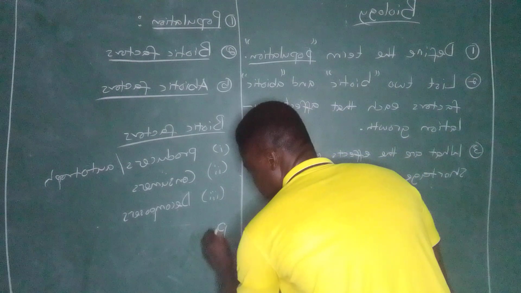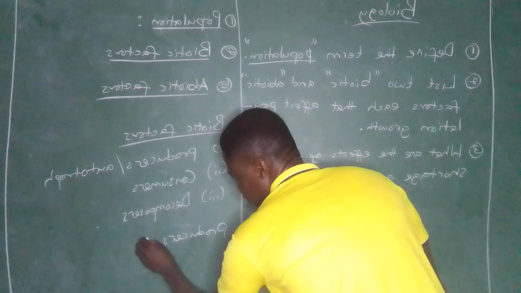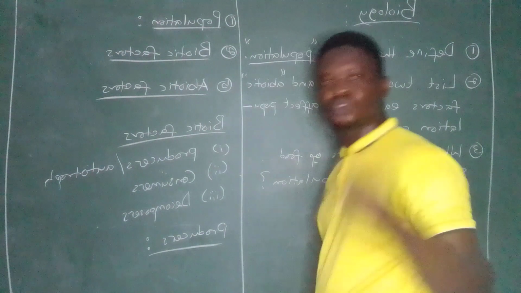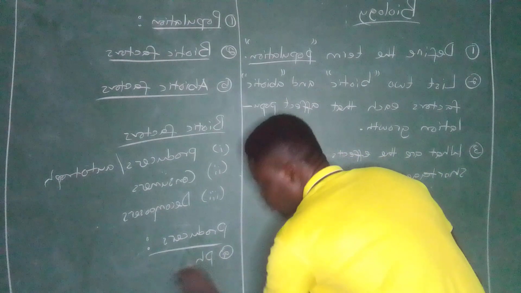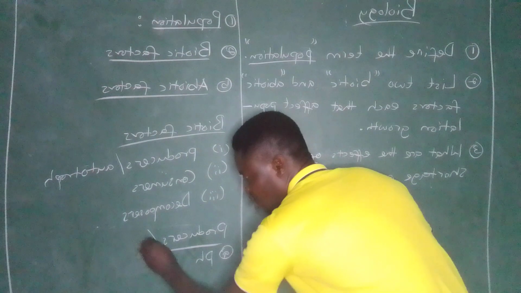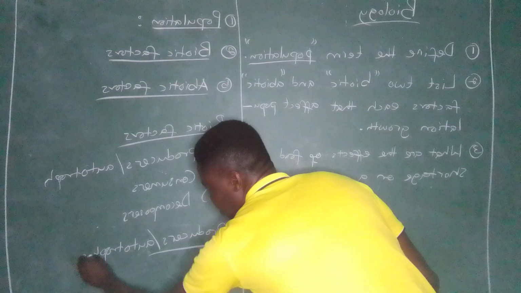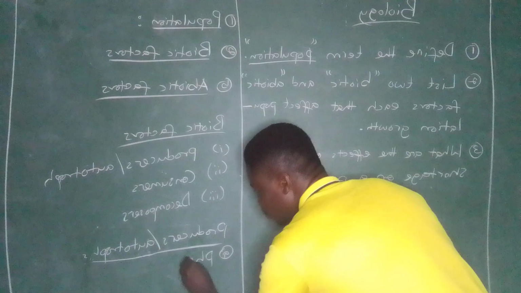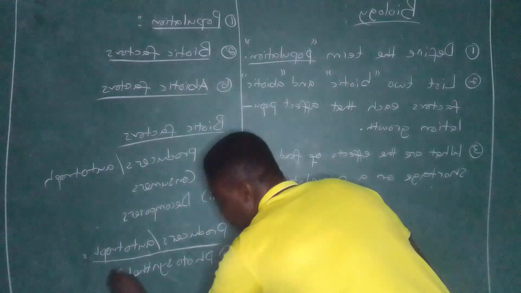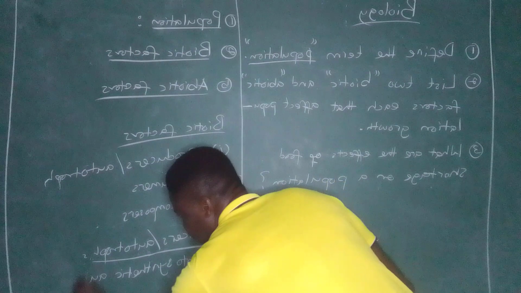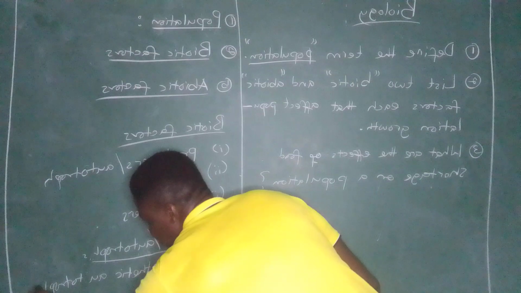Producers are divided into 2. I said you can call them producers or autotrophs. 1. Photosynthetic autotrophs.